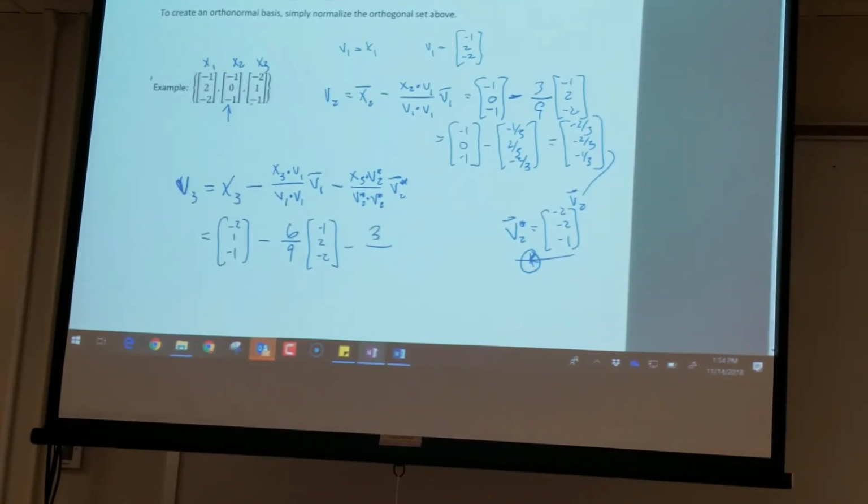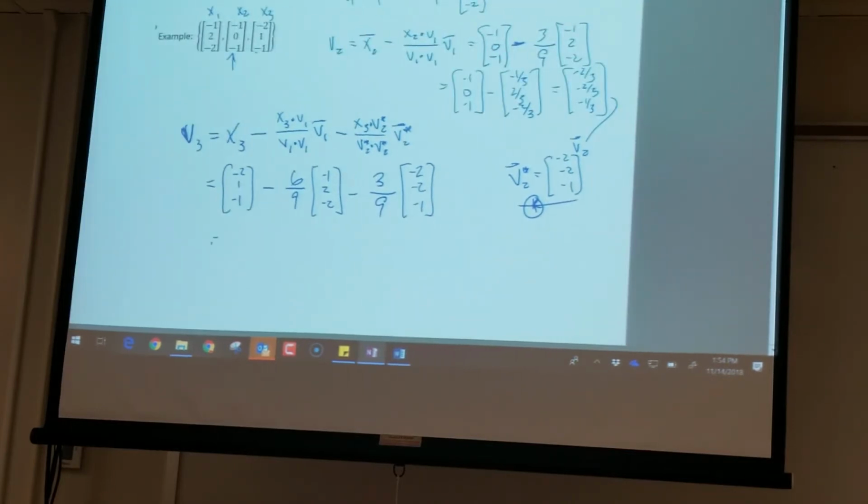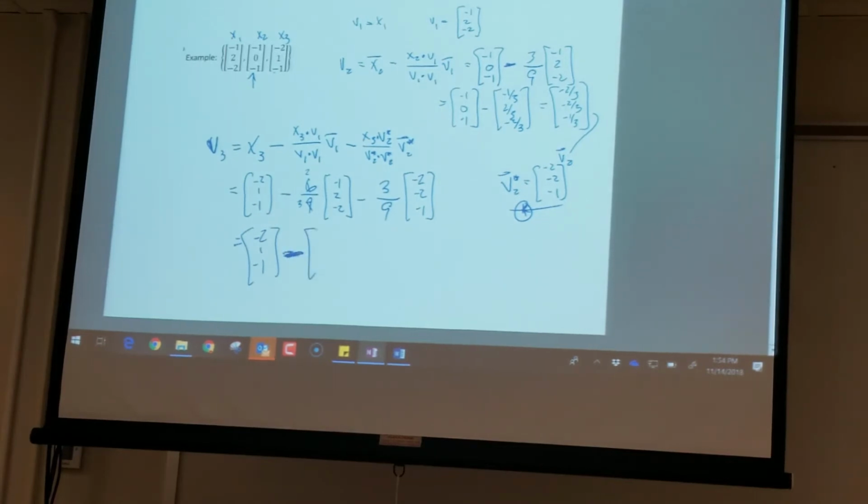And then V2 star dotted with itself, 4, 4, 1 is 9, right? And then we use -2, -2, -1. So what do we have? We have -2, 1, -1. This is 2/3 minus 2/3, -2/3 plus 2/3.